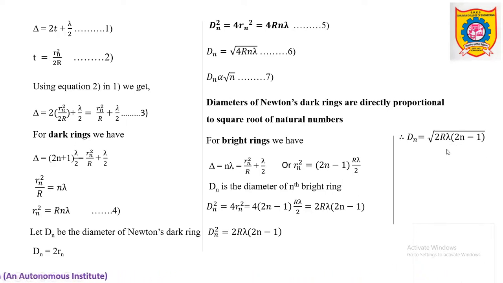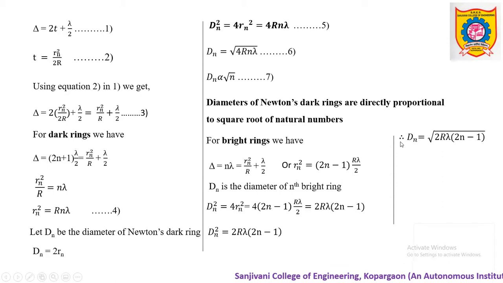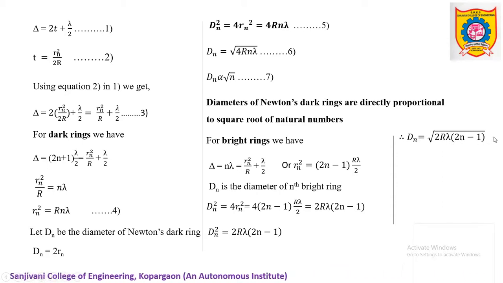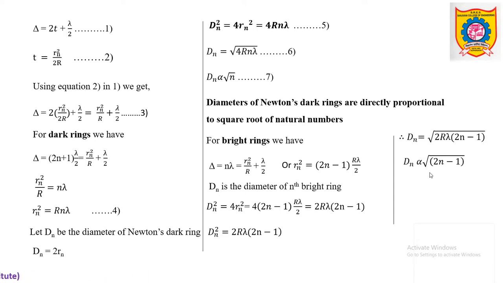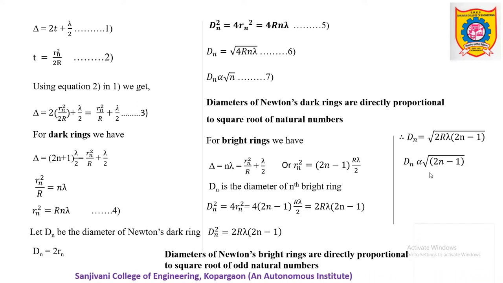Similar to the previous expression, if you are performing the experiment with constant values of R and lambda, then this Dn will change mainly because of the change in this odd number 2n minus 1. Thus we have Dn directly proportional to square root of (2n minus 1), or in words, the diameters of Newton's bright rings are directly proportional to the square root of odd natural numbers.